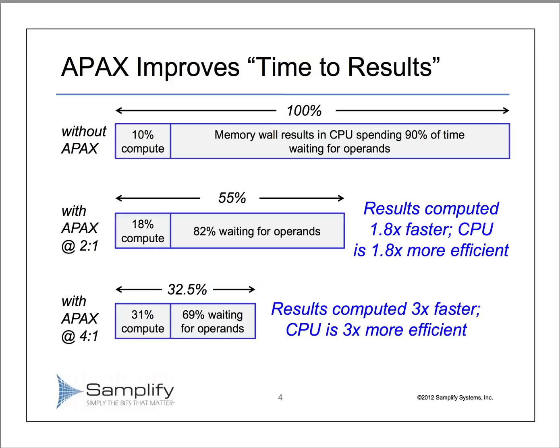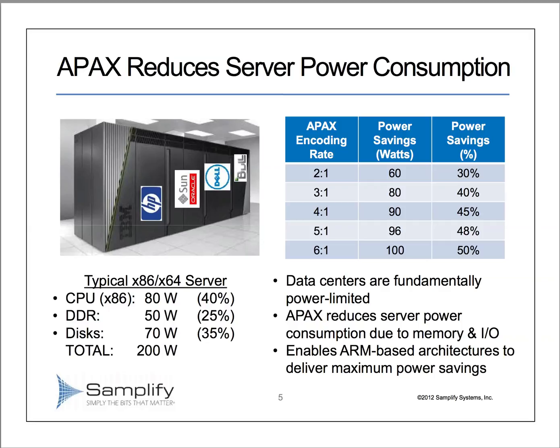When you turn our APAX technology up toward 4 to 1, now we get over a 200% improvement in CPU utilization, going from 10% utilization to 31%, and the time to results is decreased by over 2/3. And time to results is one part of the equation.